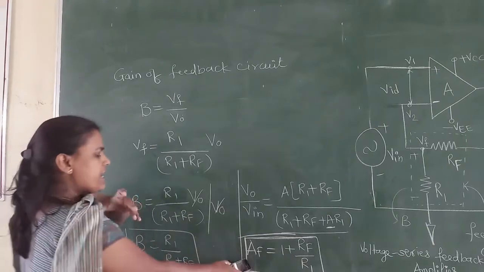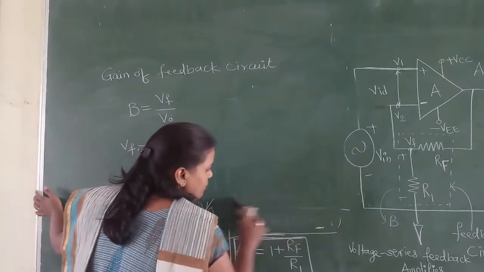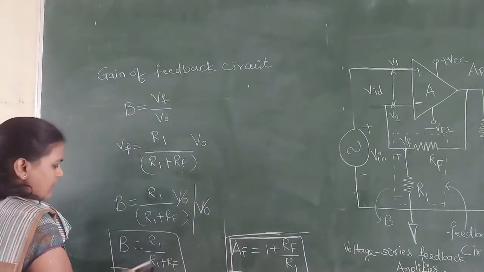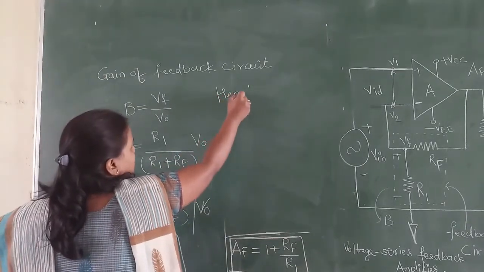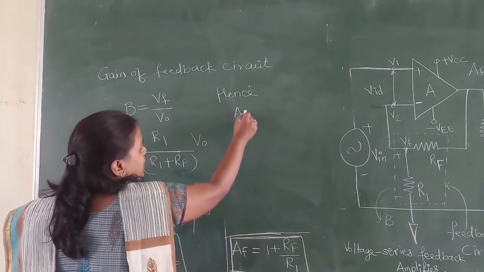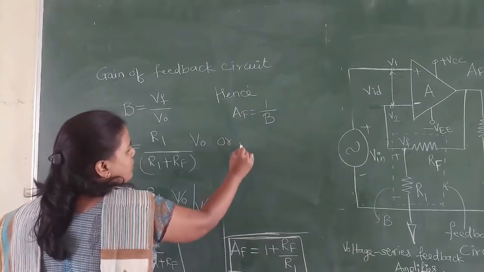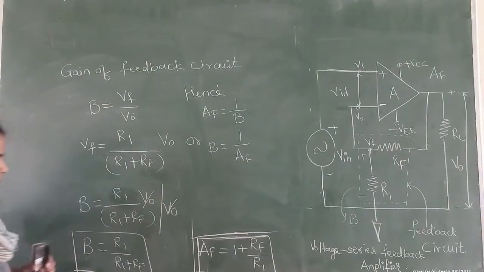So what is my AF? AF is 1 plus Rf by R1, or R1 plus Rf divided by R1, and B is R1 divided by R1 plus Rf. Hence, we can write AF is equal to 1 by B, or B is equal to 1 by AF.